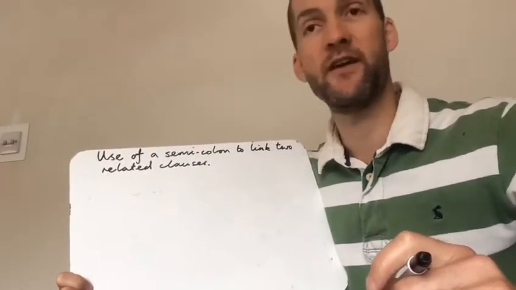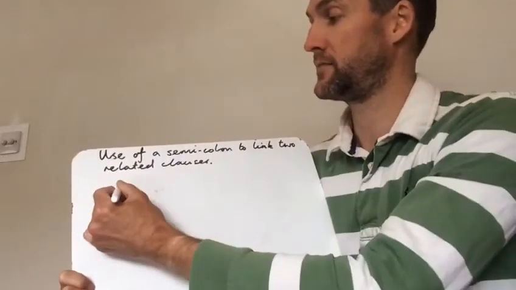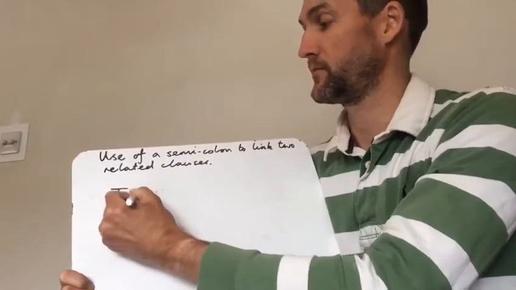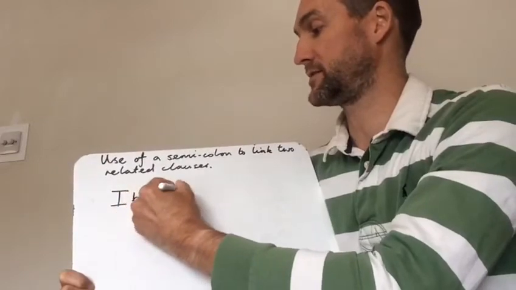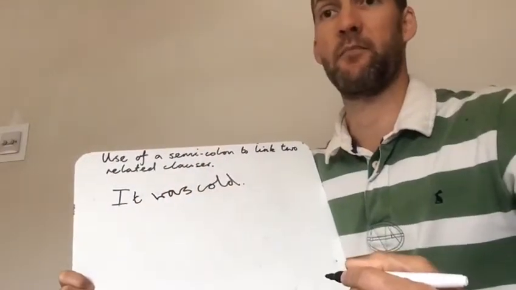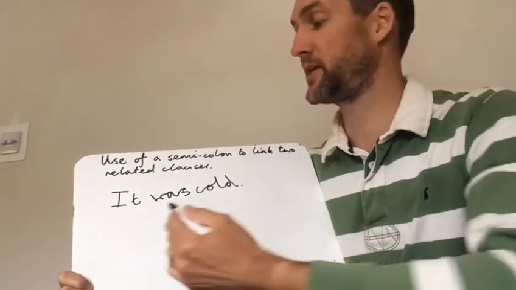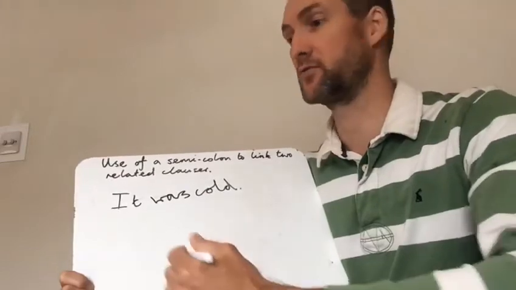First of all, we need to think about a main clause to start off with. I'm going to use a simple one. It was cold. That's one main clause. And then I'm going to think about another clause which could be linked to being cold.